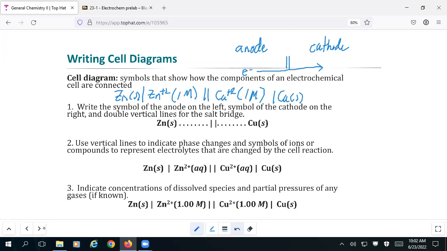Either way works. It's really just a matter of preference. But in the end, it's all got to tell the same story. The electrons are going from the left side of the diagram to the right side of the diagram. They're going from the anode to the cathode.